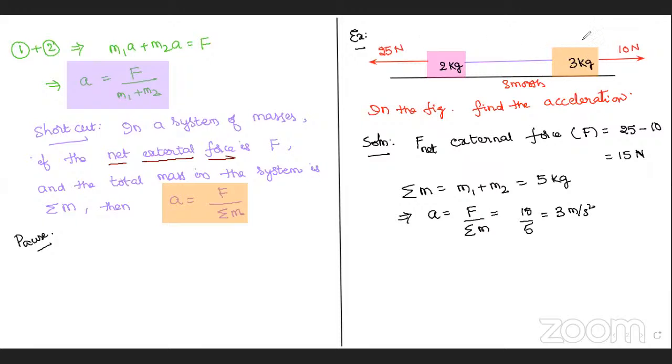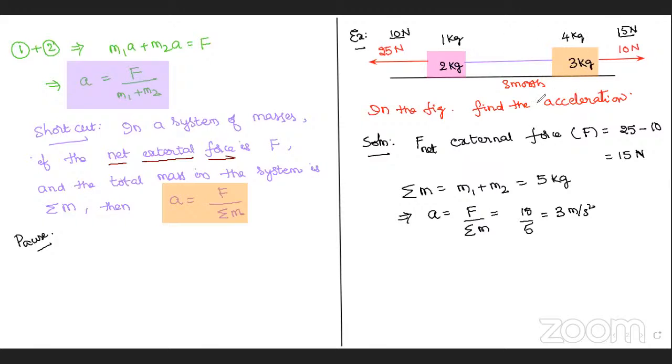Example, net force here. Suppose I'm asking you, this side I'm taking 15 newtons, that side I'm taking 10 newtons. What is the net external force here? Two forces, net external force. Exactly, you understood. And here, suppose this is 1 kg and that is 4 kg.